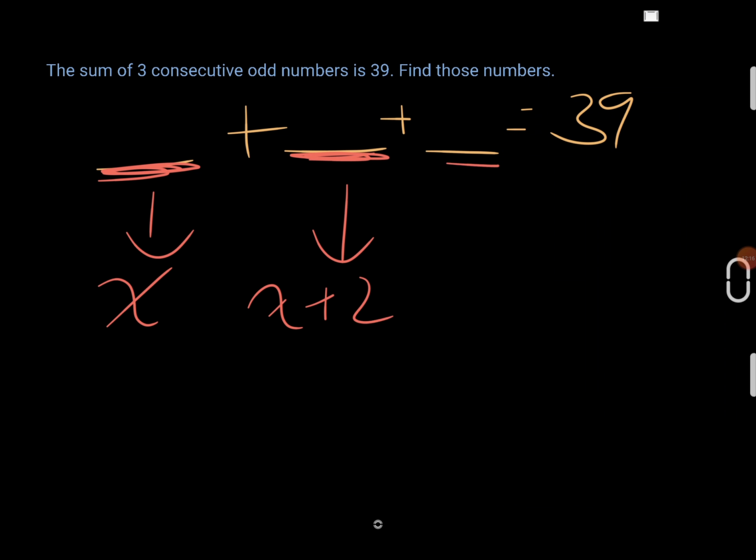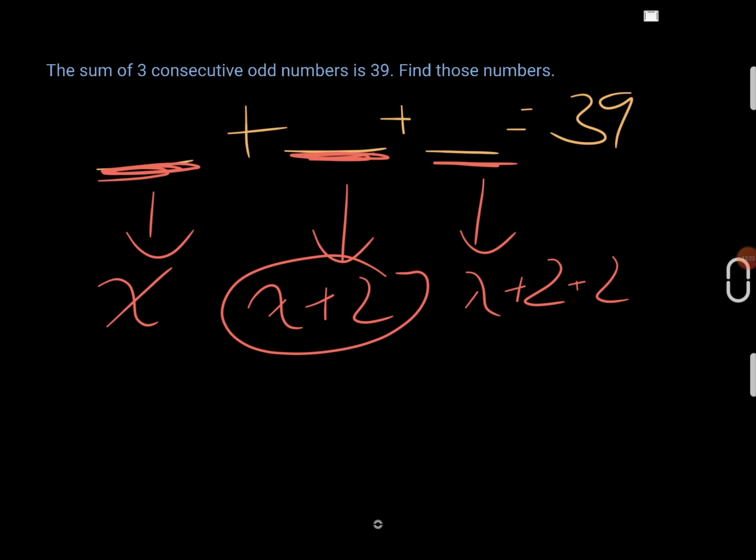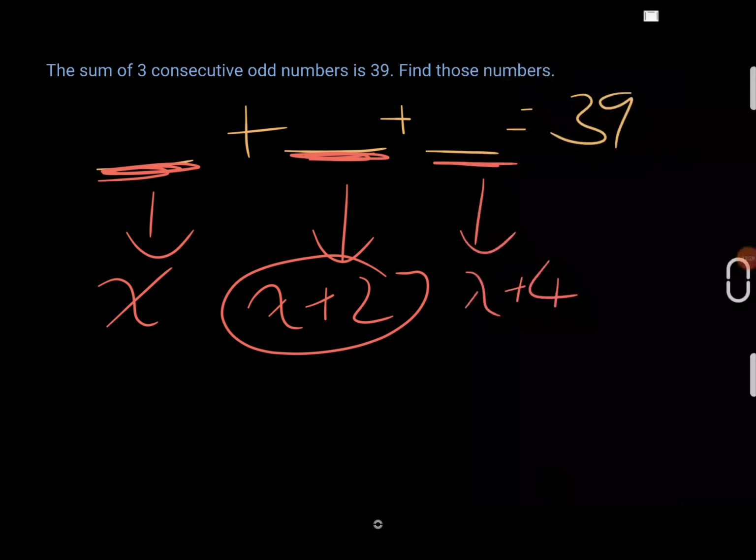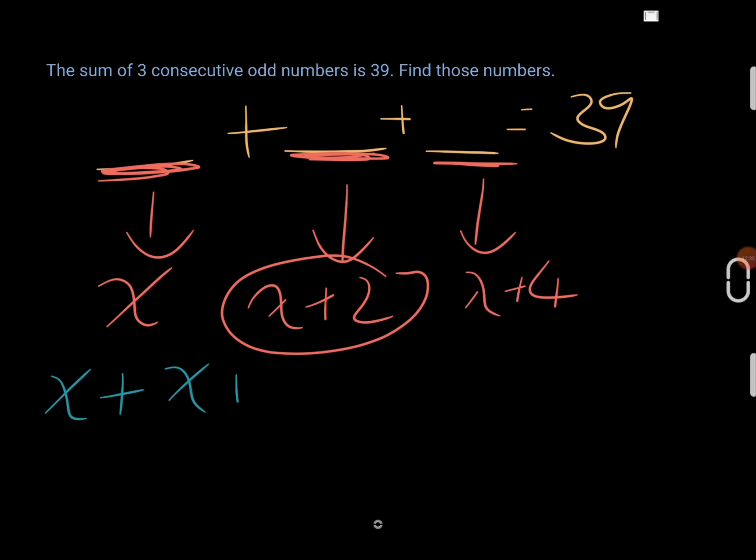The next is the next odd number, so it will be this number plus 2. So x plus 2 plus 2, or I can call it x plus 4. And the sum of these three things is 39. So let me write x plus x plus 2 plus x plus 4 is equal to 39.